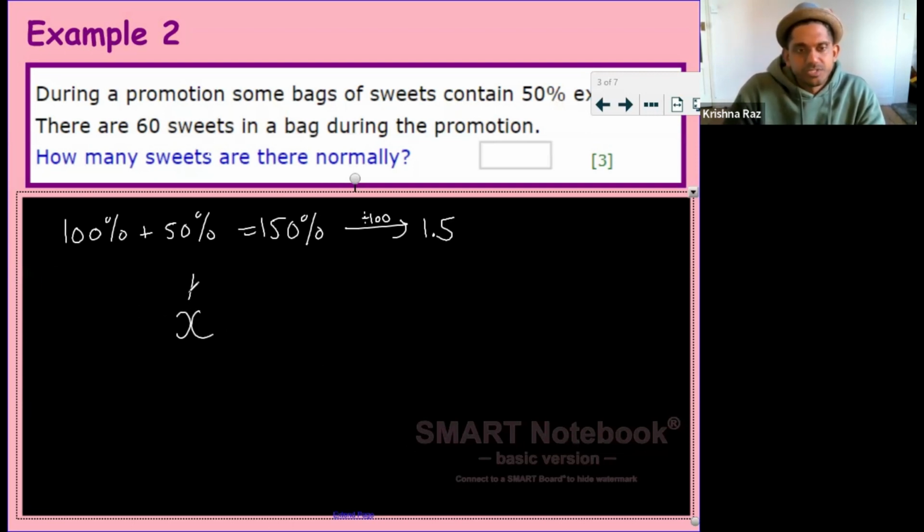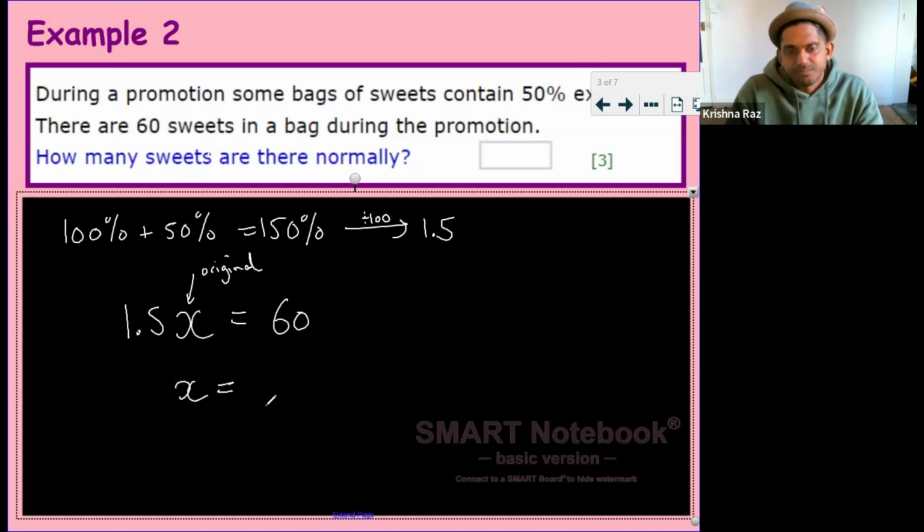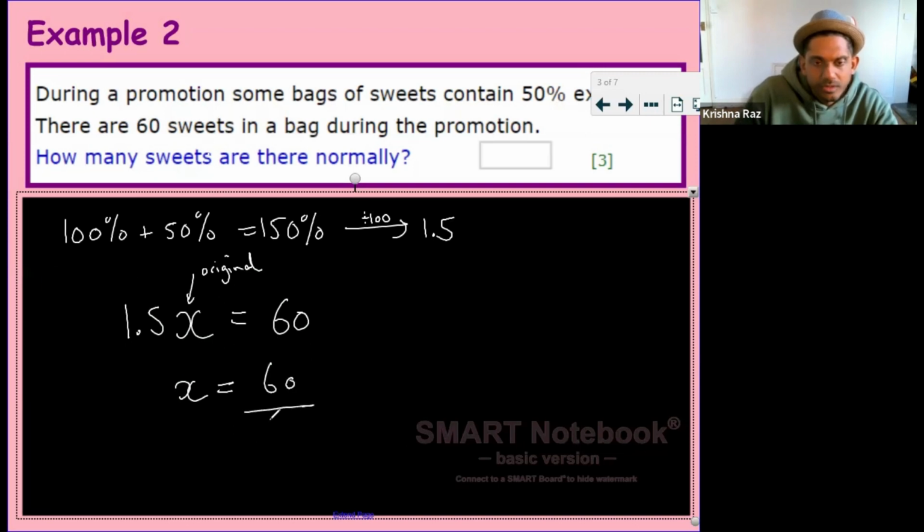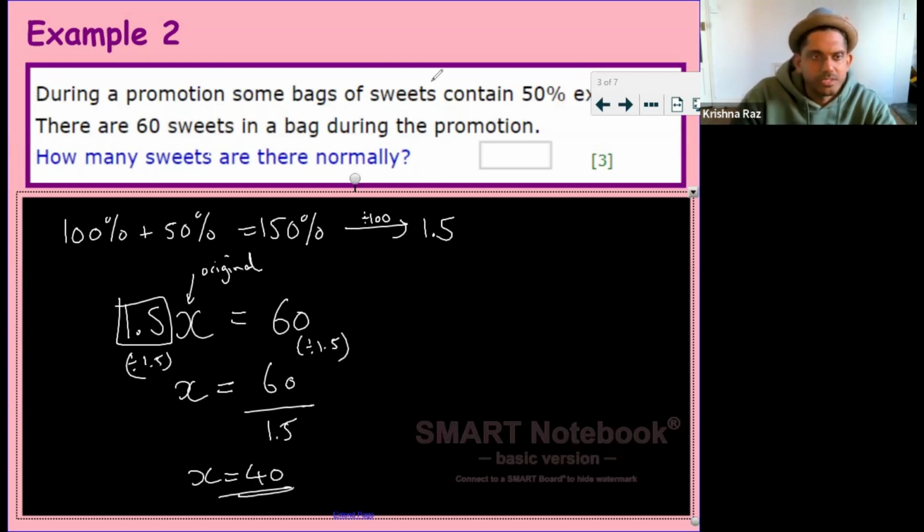So if x was the original, if we times it by 1.5, we end up with 60. So x must be 60 divided by 1.5, which will be 40. So how many sweets are there normally? 40.